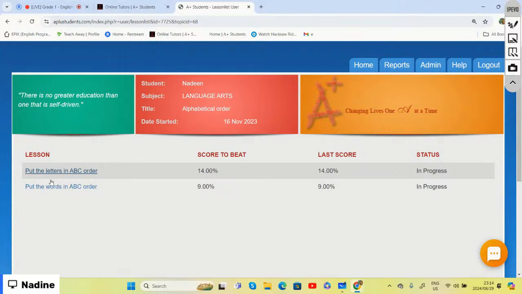All right, so now we're going to put the letters in ABC order.